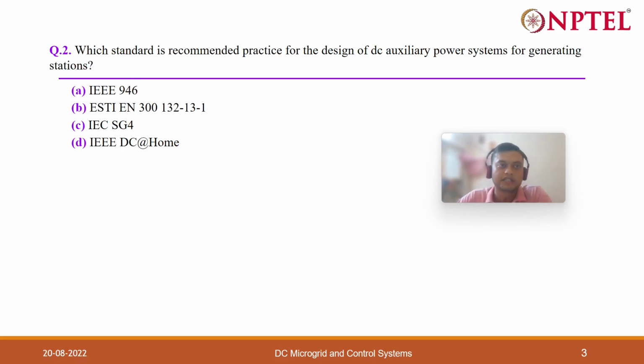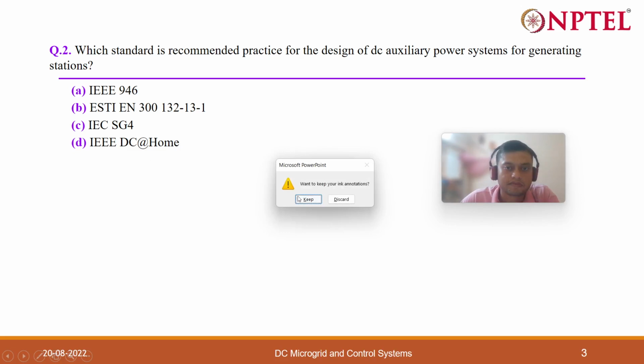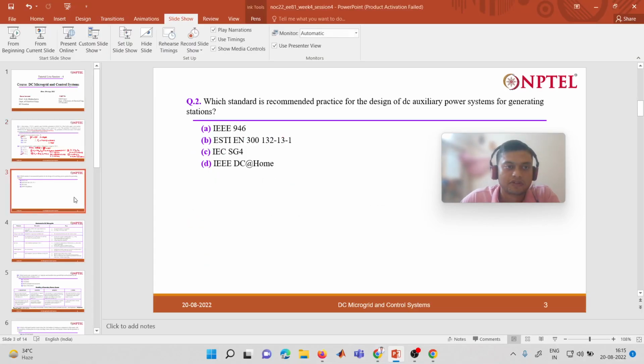This question asks which standard is the recommended practice for the design of DC auxiliary power systems for generating stations. This question is from lecture number 19. If you have gone through the lectures of this course, you might be able to give the answer. You can type your answer in the chat box.